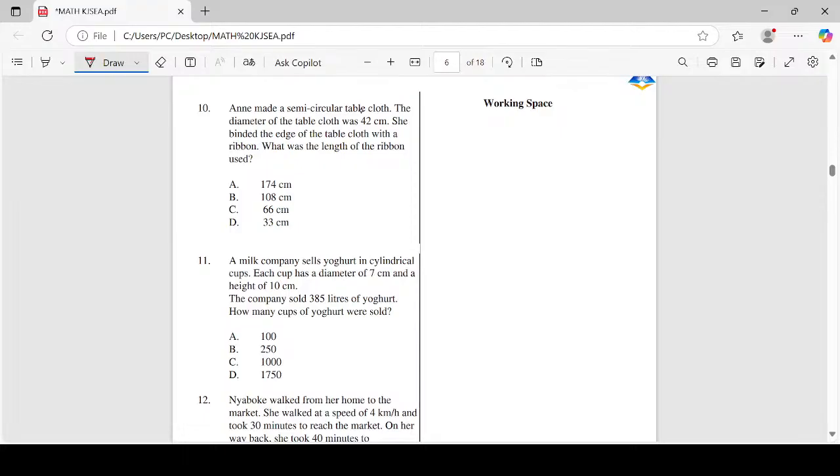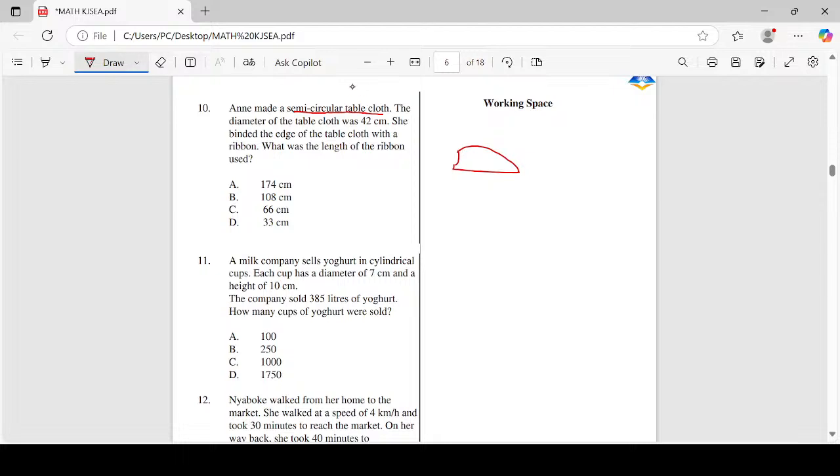Remember, we are being told that Anne made a semicircular tablecloth, meaning it is a semicircle in shape. Let me have a sketch. This is our semicircle, dear learners.